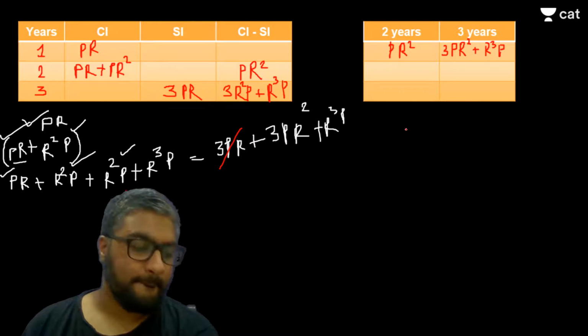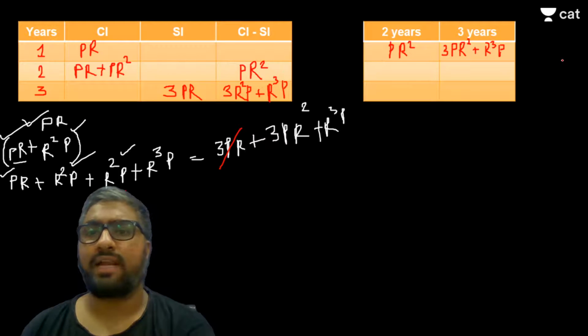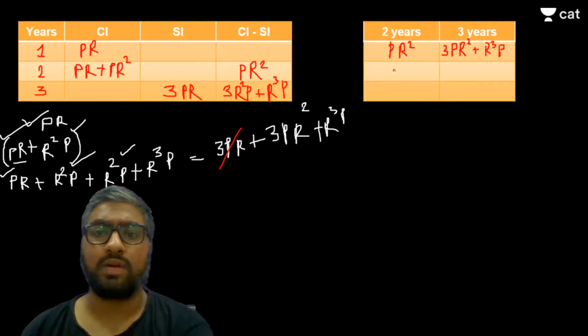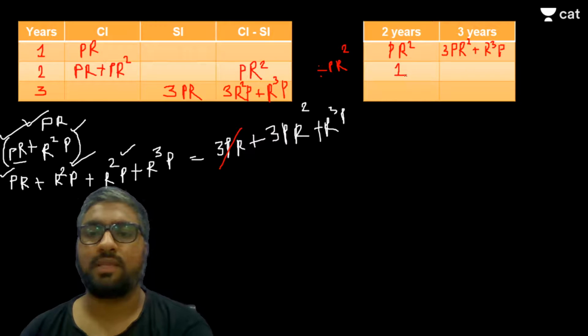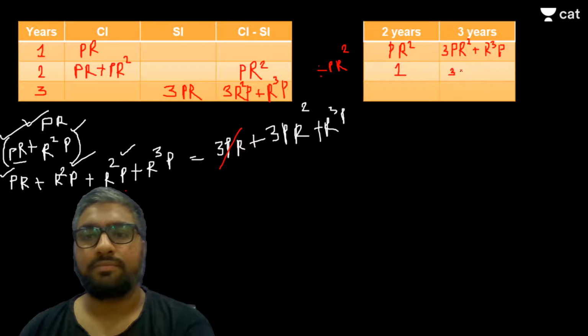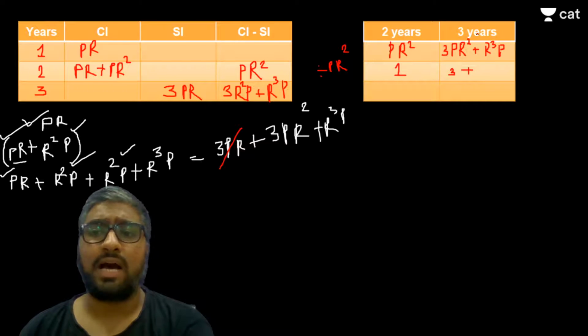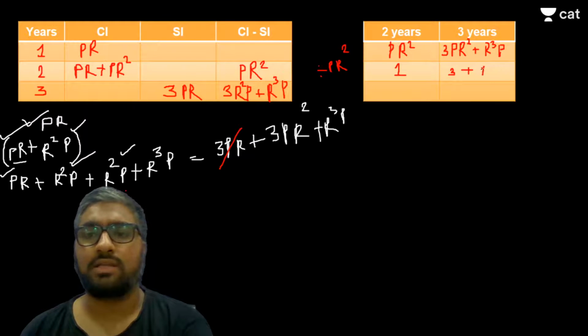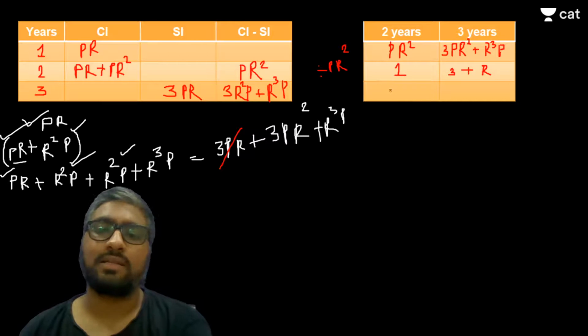If I were to divide everything by PR square, PR square by PR square would be 1, 3 times PR square by PR square, plus PR cube by PR square. R square would get cancelled out. This ratio is given to us as 11 is to 7.